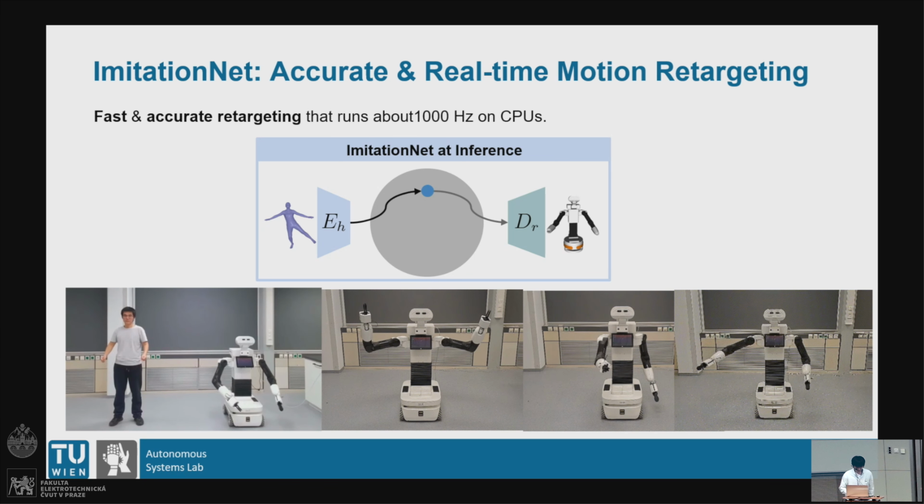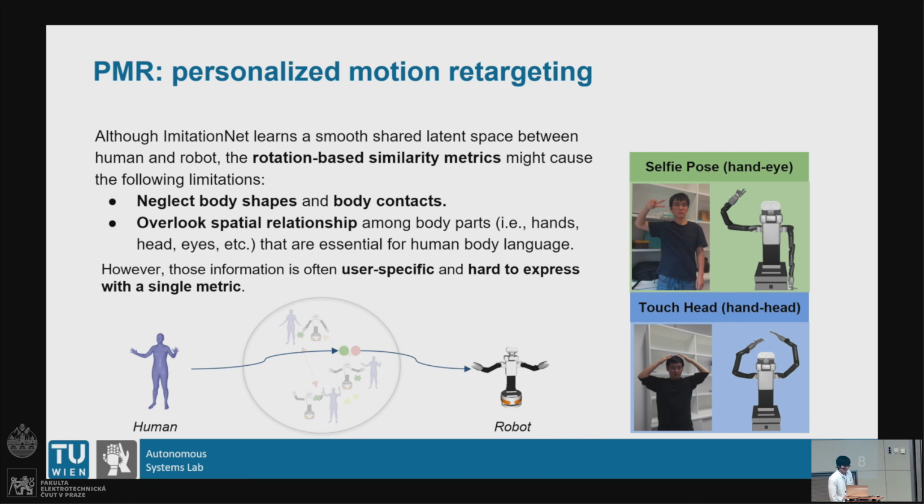The limitation of this method is that it is based on a similarity metric, but this very simple rotation-based similarity metric cannot really cover human expectation on the imitation. For example, it neglects the body shapes, and body context is also very important for humans to express some special poses.